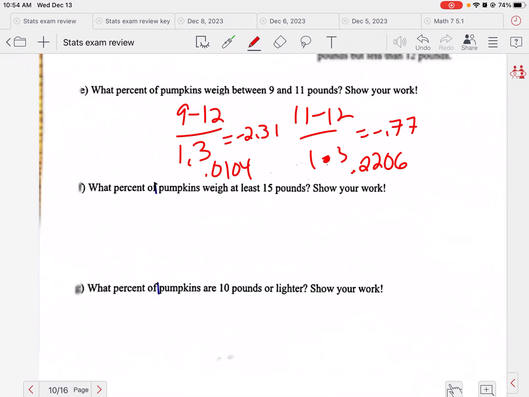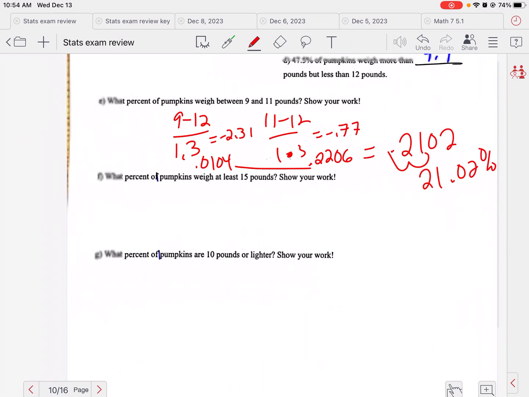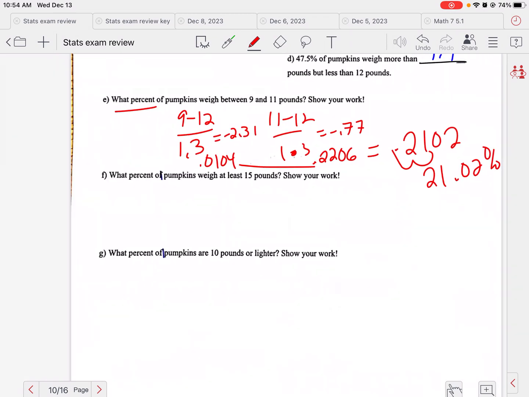Okay, and then we would subtract those from each other because we want what's between them. When I subtract these two numbers, that gives me 0.2102, and if I move my decimal two places, that's 21.02%. Because it did say what percent of pumpkins.